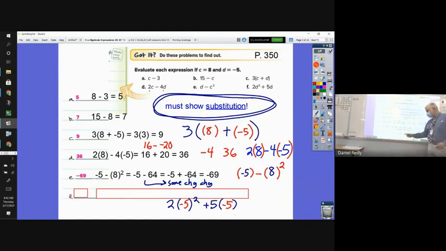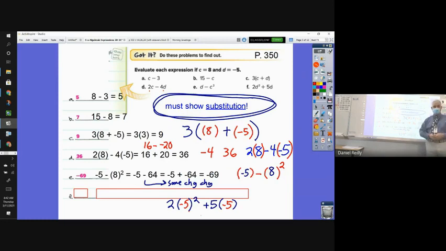These parentheses right here are absolutely required. If you do not write these parentheses, your answer is wrong. Negative numbers with exponents must be in parentheses. So d squared, which is supposed to be -5 squared, the -5 must be in parentheses.